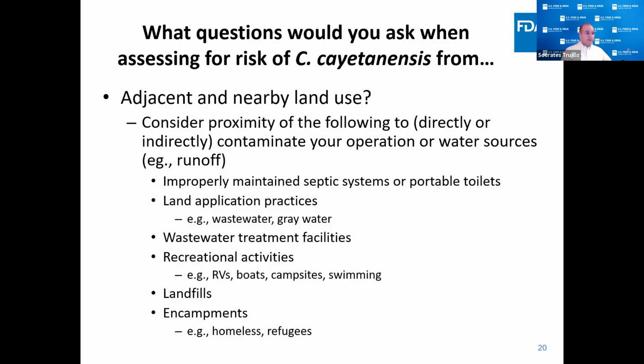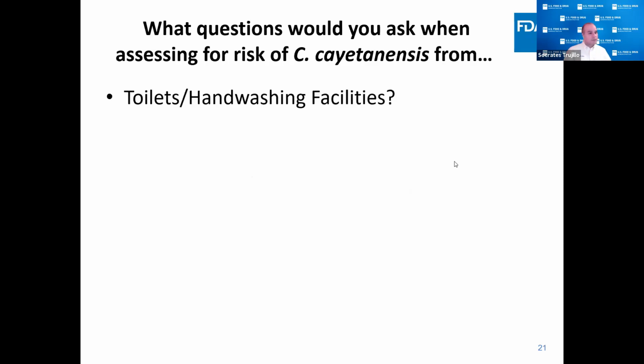Are biosolids being applied by the farm, right? Are the biosolids potentially contaminating the source of water? Are we using water that is also being used for recreational activities, right? And that's something you have to think about when you're going to be visiting your farm.